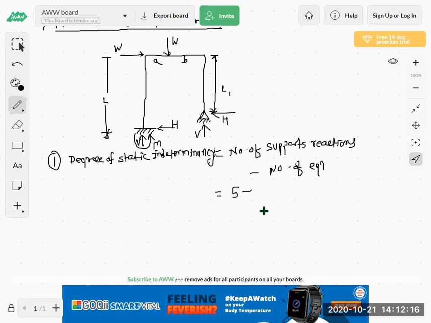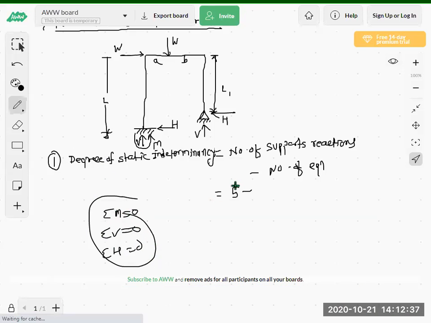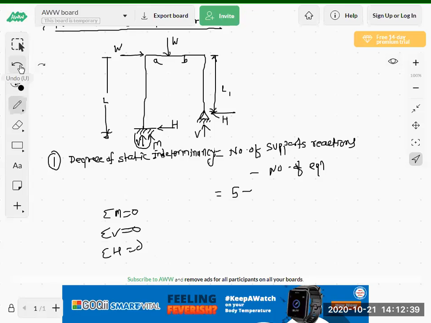Yes, okay, Gaurav, correct. Minimum 3 equations are required because horizontal force is there, vertical force is there, and moment is there. So we solve summation M equal to 0, summation V equal to 0, and summation H equal to 0. At least these three equations we have to consider.